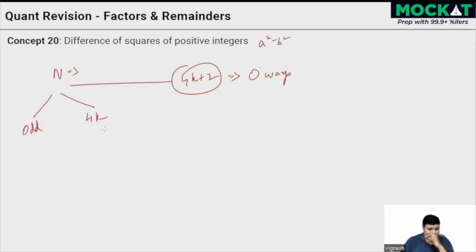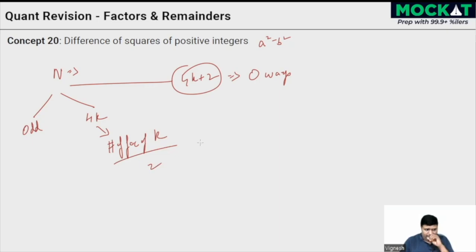Now for these two, what do we do? You have to find the number of factors of k. If the number is in 4k format, divide by 4, find k, and then divide this by 2.